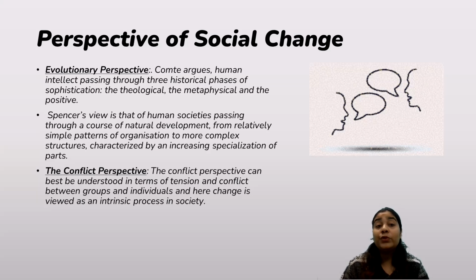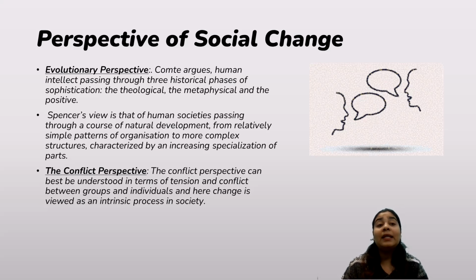Coming to Spencer's view, he said that human societies pass through a course of natural development. What he is trying to say is that society moves from simple to complex forms of structures, characterized by an increasing specialization of parts.